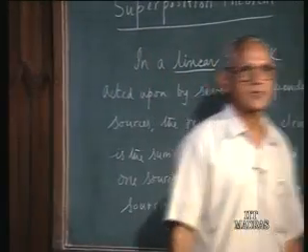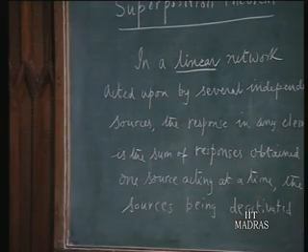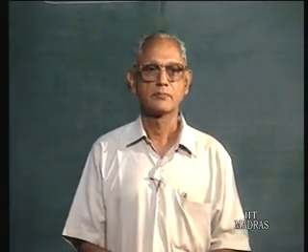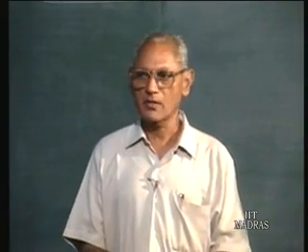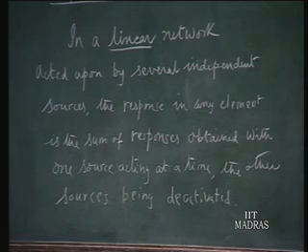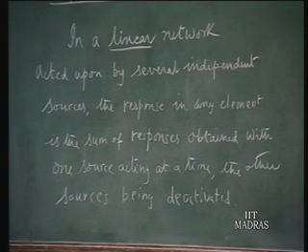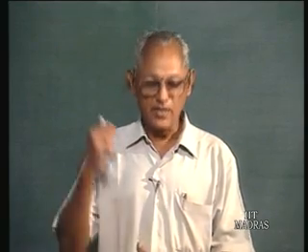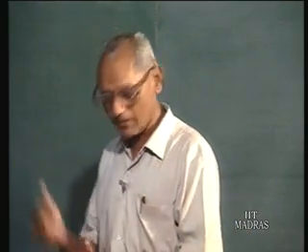In a linear network acted upon by several independent sources, if you want to calculate the response in any particular quantity, in a particular element, say the voltage response or current response in a particular element, it is obtained by the superposition of the responses obtained by the individual sources, each one acting at one time, and when the particular source is acting, all the other sources are deactivated. So we will specifically mention what is meant by deactivation in a moment.